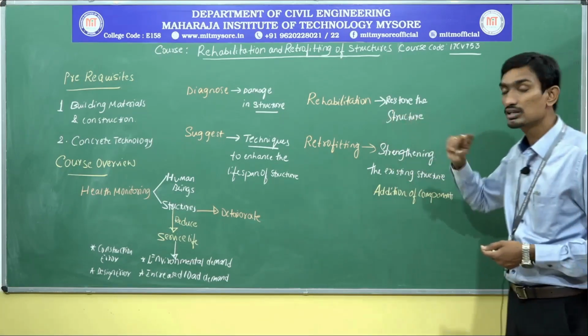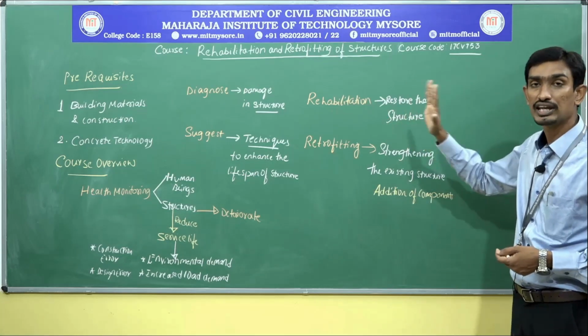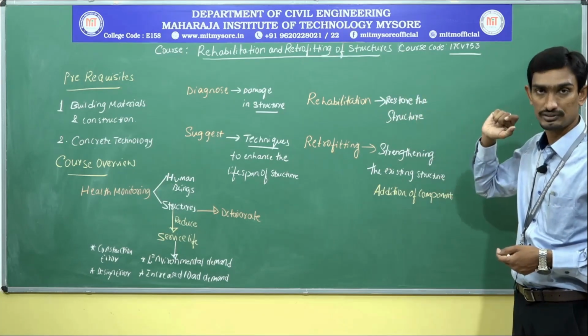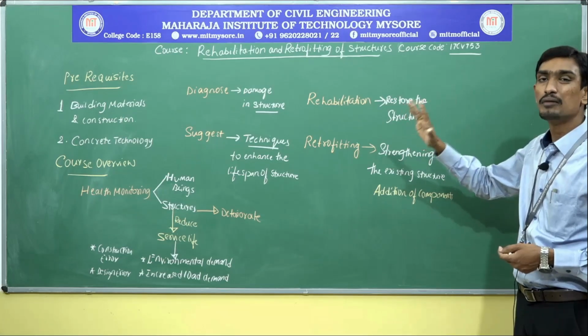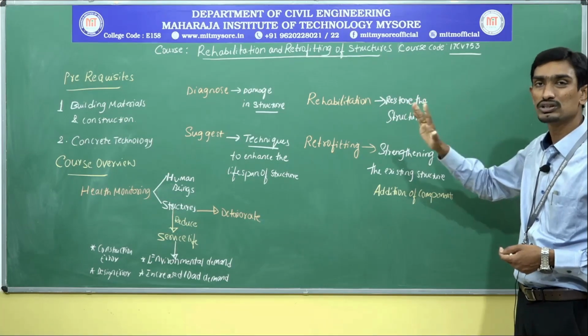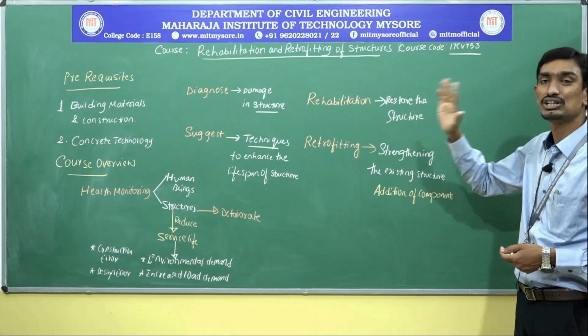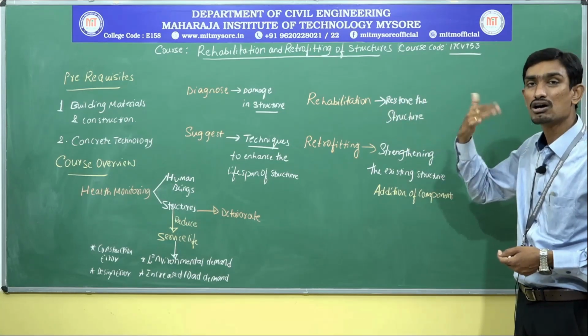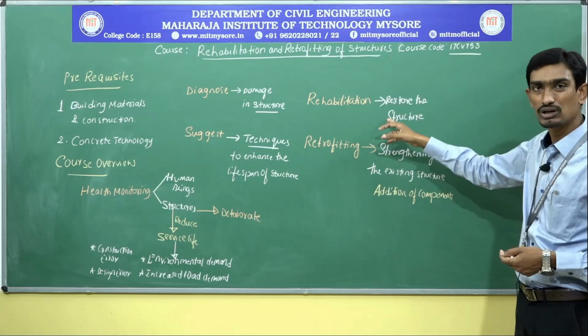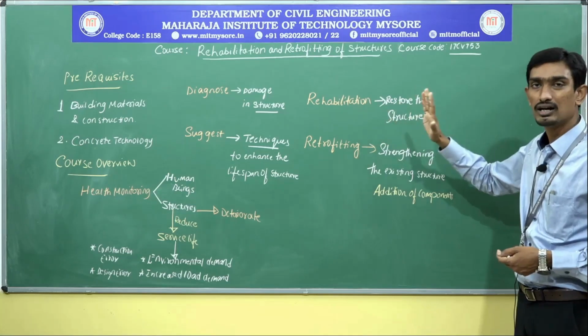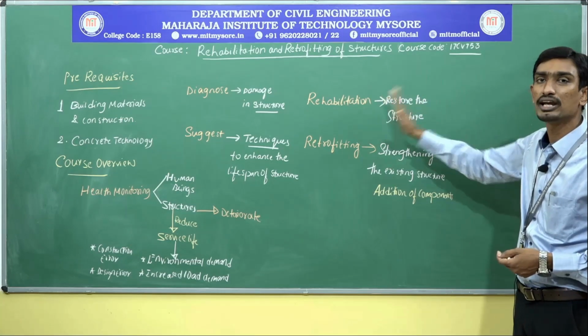But in the rehabilitation case, I have not used any extra material or additional components. I have been trying to retain or restore the structure as it is, without any extra component or addition. A minute repair may be possible, but I am not going to add any components here.